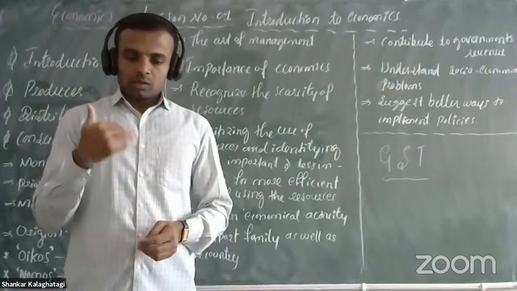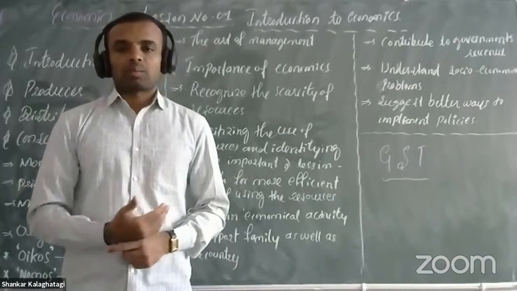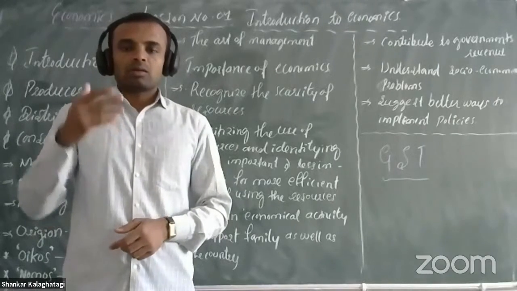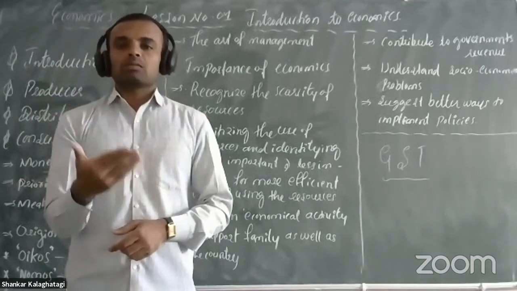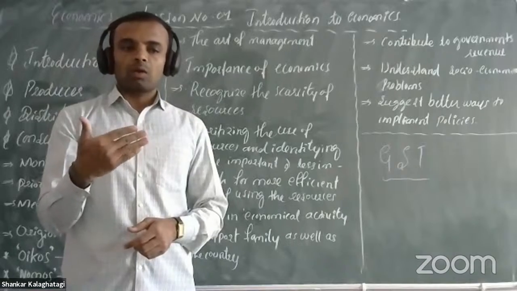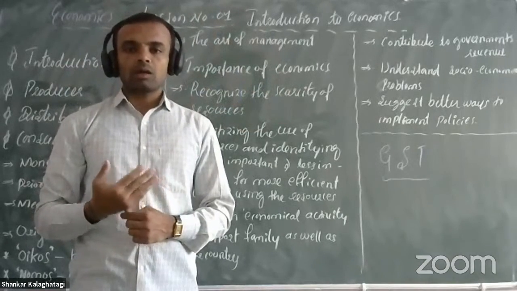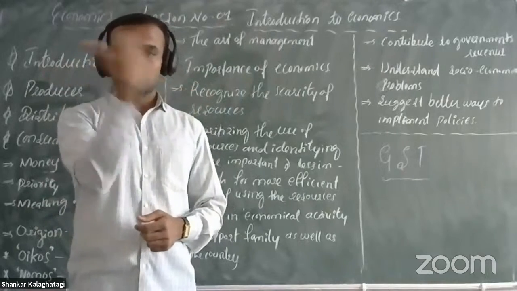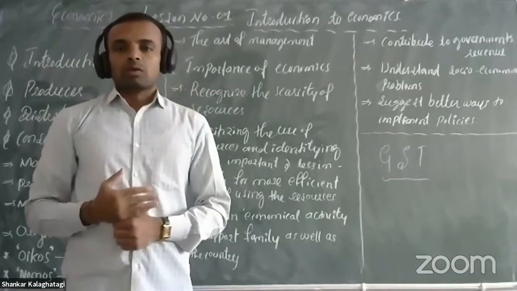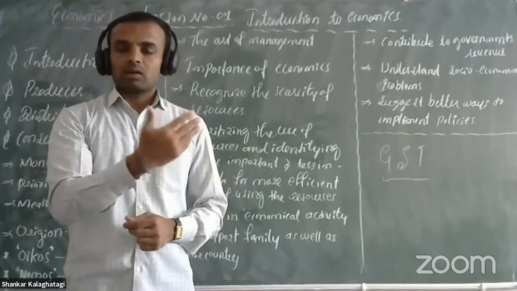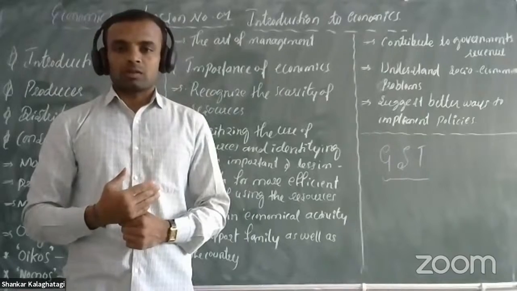Here we use some mediators. For example, if we require toothpaste, we do not directly contact the producer. We go to a shop. And how does the shopkeeper get the products?